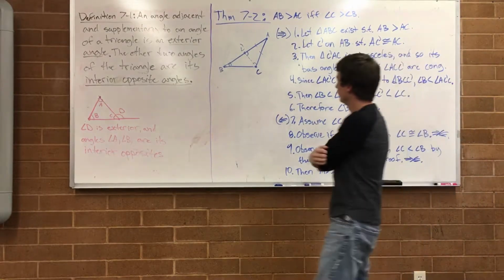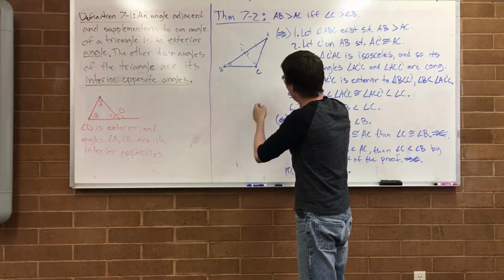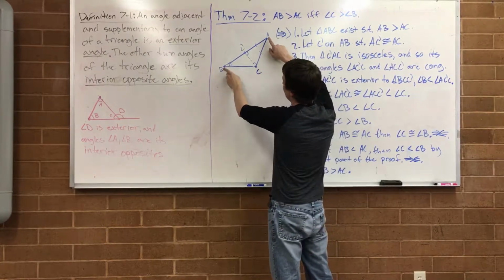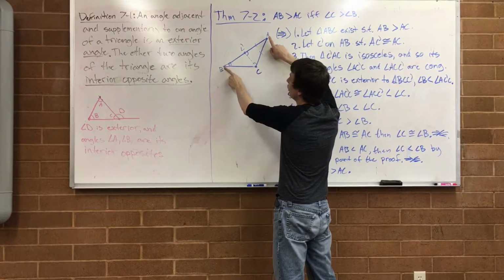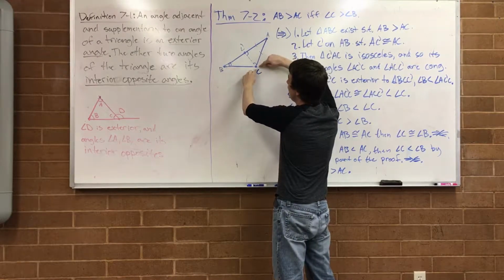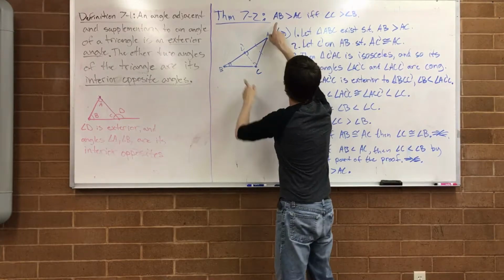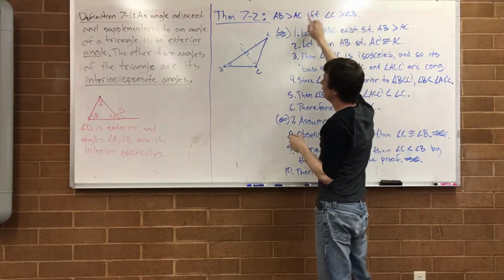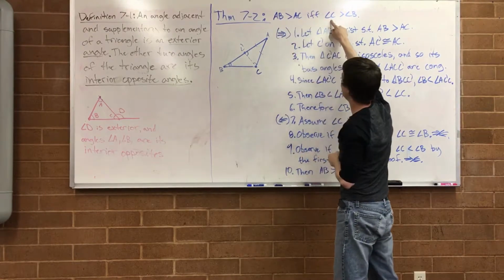Let's go over it with the picture. So, remember what we showed already. We showed that if in a triangle, then the angle opposite the longest side is the biggest angle. That's what the first way showed, right? Bigger side means your opposite angle is a bigger angle.